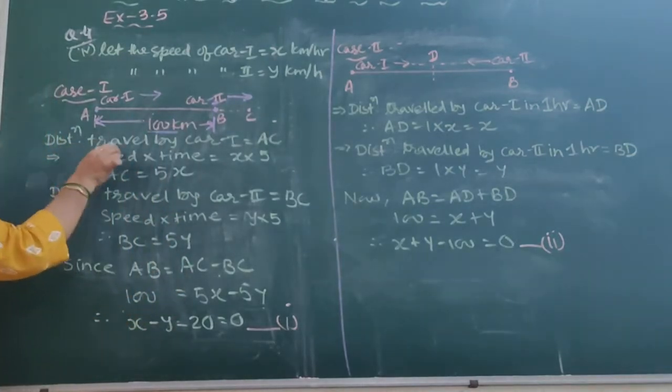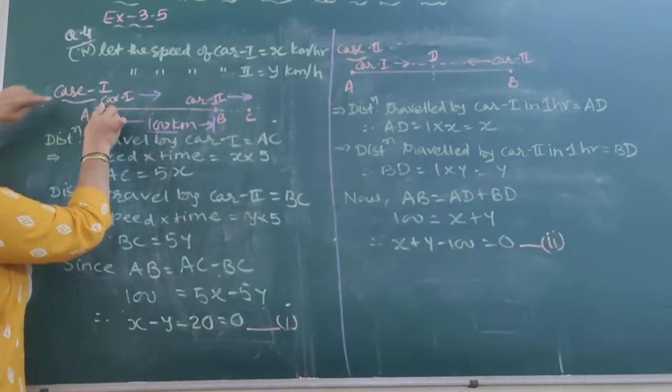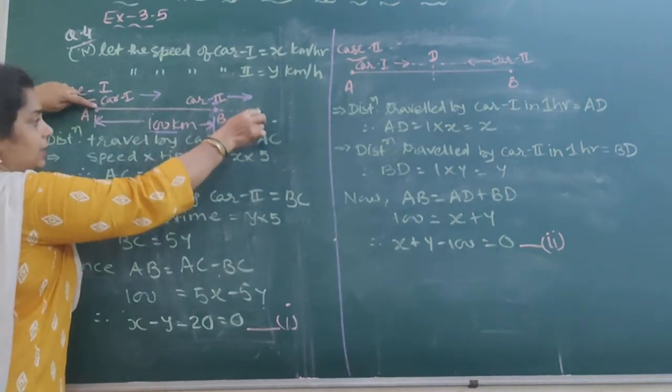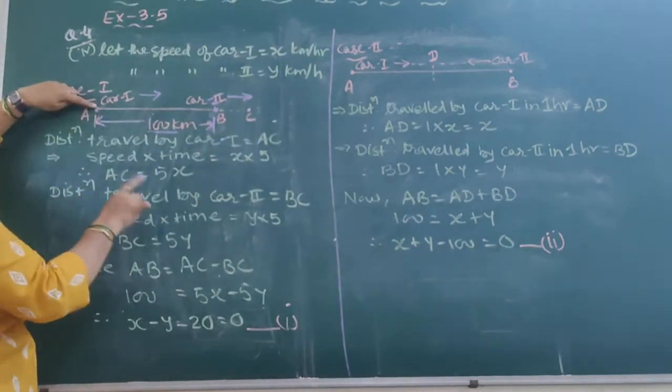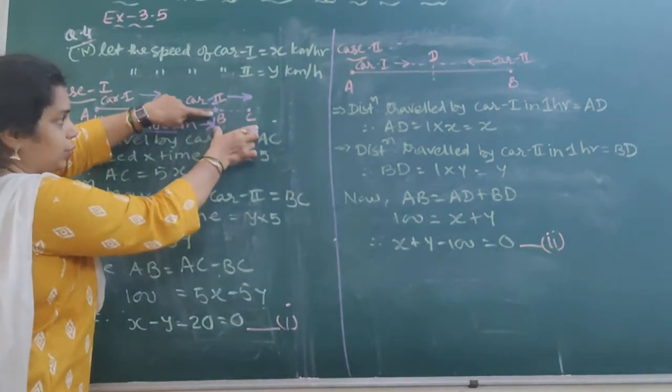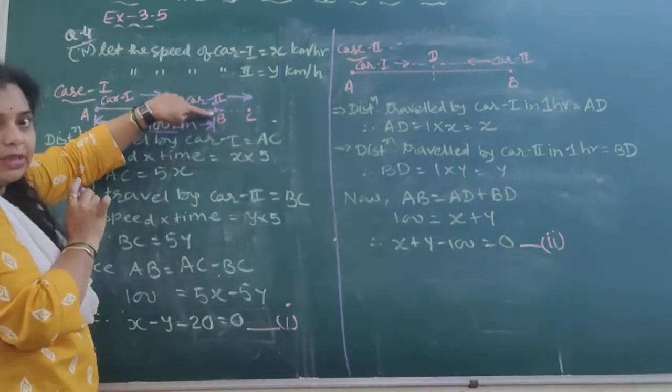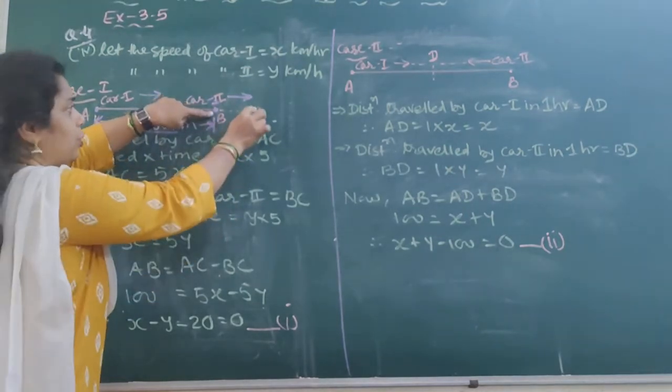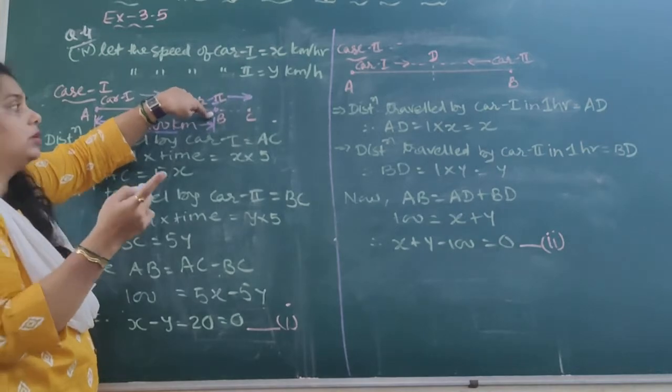So here the distance traveled by car 1 is AC and the distance traveled by car 2 is BC. At point C they are meeting. Let's assume that at point C they meet after 5 hours.